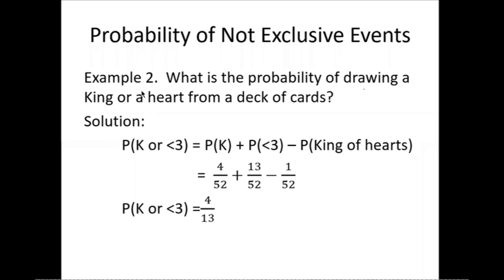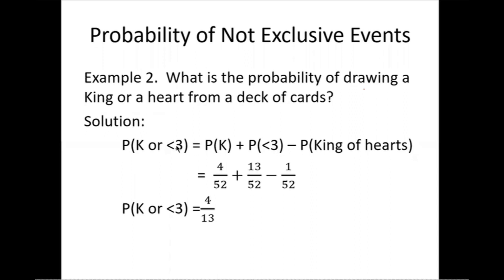Okay, for example number 2 under probability of not exclusive events. What is the probability of drawing a king or a heart from a deck of cards? The probability of king or a heart. A heart ito na, symbol natin ang heart. So probability of king plus probability of heart.